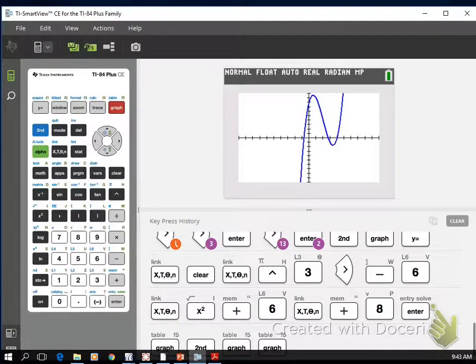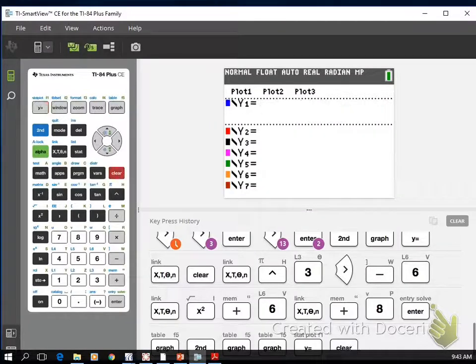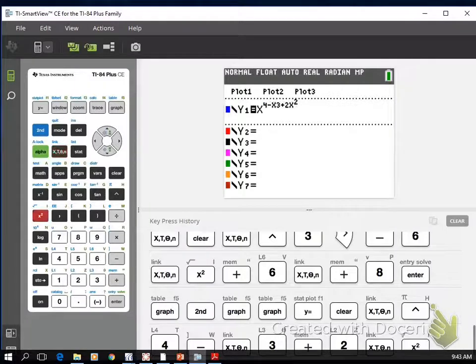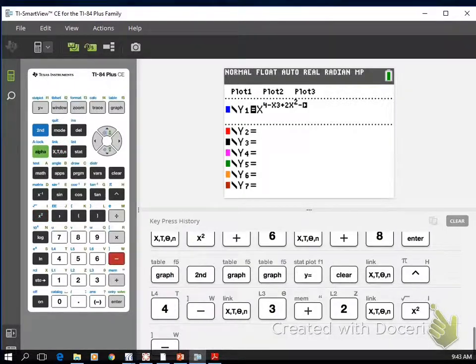So we go to y equals, clear that out, and we need the function x to the 4th minus x to the 3rd plus 2x squared minus 4x. Uh-oh.